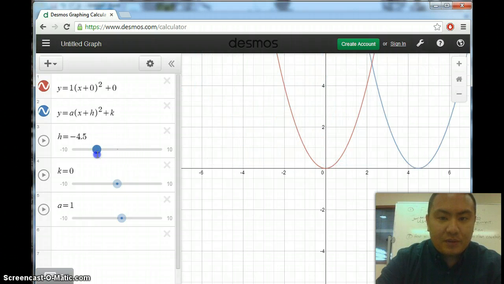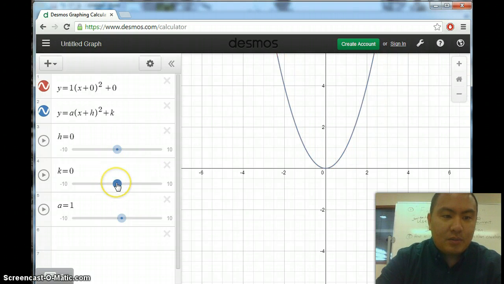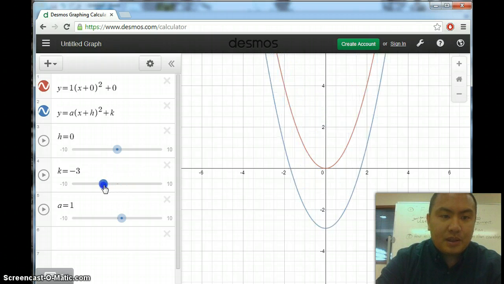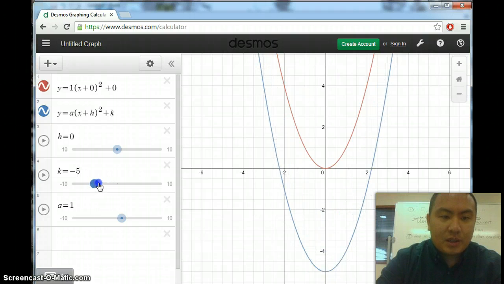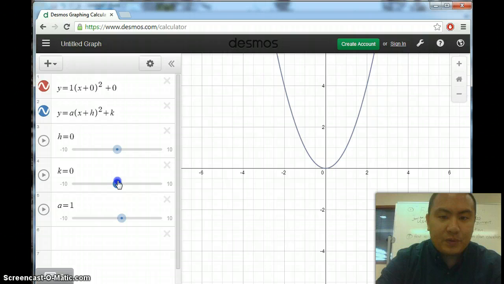Whenever we have a negative number, we move to the right. Whenever we change the k, we move up and down. So if I want to move down, I just keep moving down. If I want to move up, I move up.